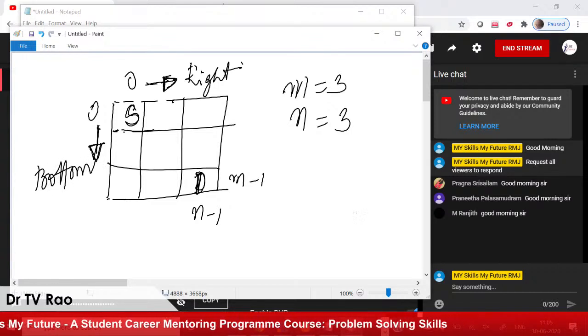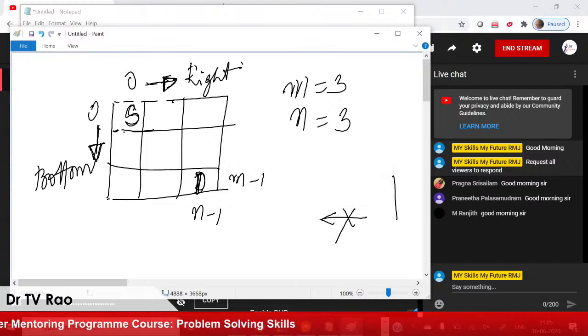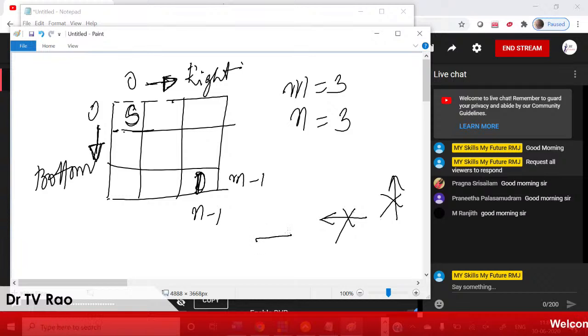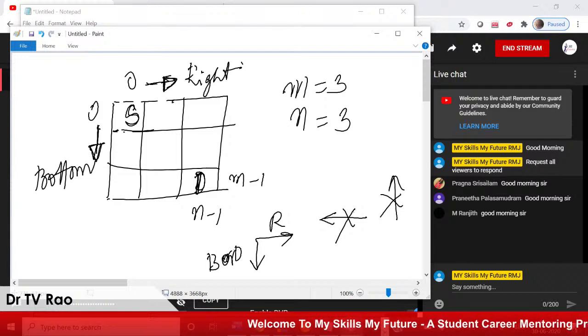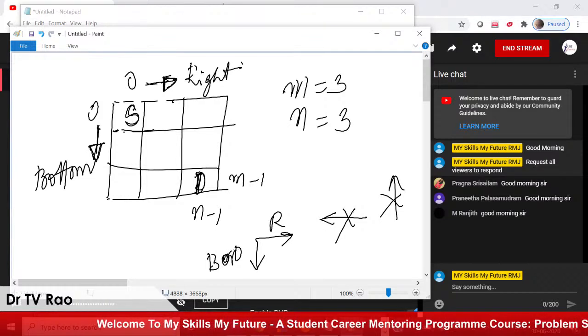You cannot move left, you cannot move up. You can move only right and down. Okay? So tell me how many different ways are available.